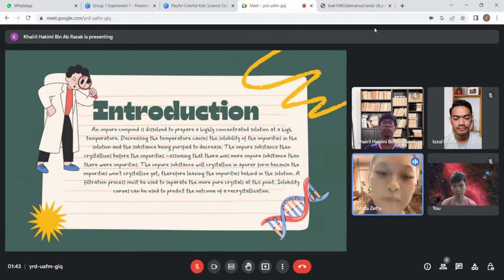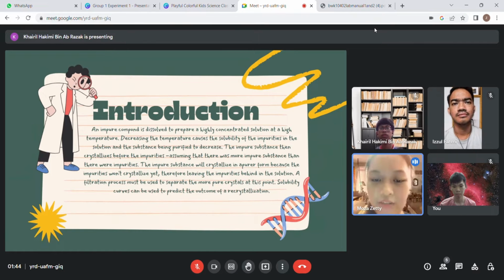An impure compound is dissolved to prepare a concentrated solution at a high temperature. Decreasing the temperature causes the solubility of the impurities and the substance being purified to decrease. The impure substance then crystallizes before the impurities, assuming that there was more impure substance than there were impurities.